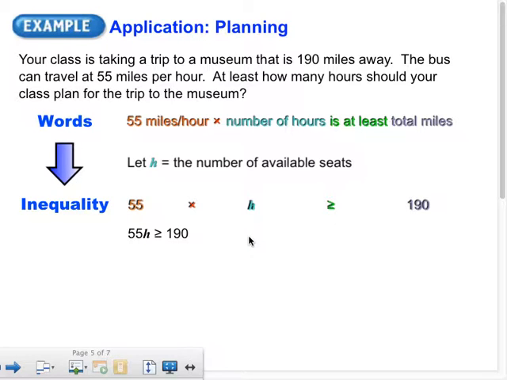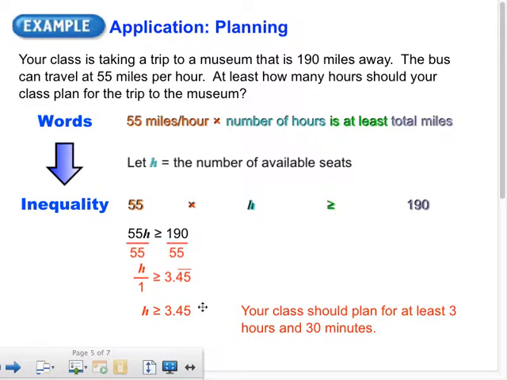You guys know how to solve this, right? What am I going to do? Divide by 55. And do we need to change our inequality? No. Why not? Because it's positive. Ola, I'm talking to Ola. Okay, so we're dividing by that. I'm just going to go ahead and tell you guys what the result's going to be. It's going to be 3 and 45 hundredths repeating.